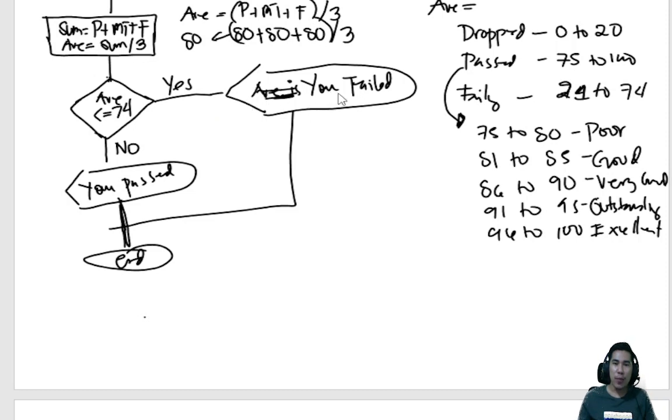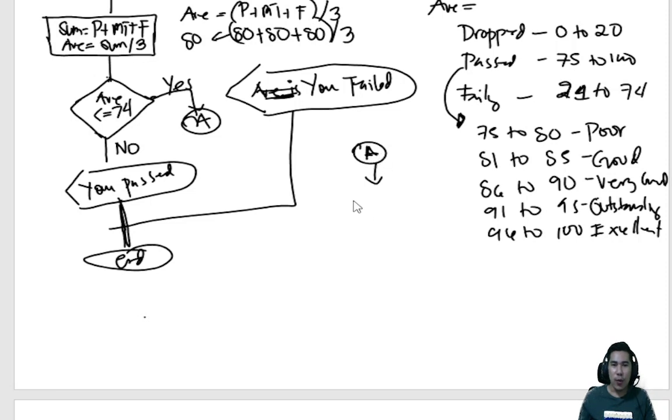Instead of displaying it directly as "you failed", we can determine instead, let's say, an on-page connector, for A, okay? And then you put A and then you do a process here.